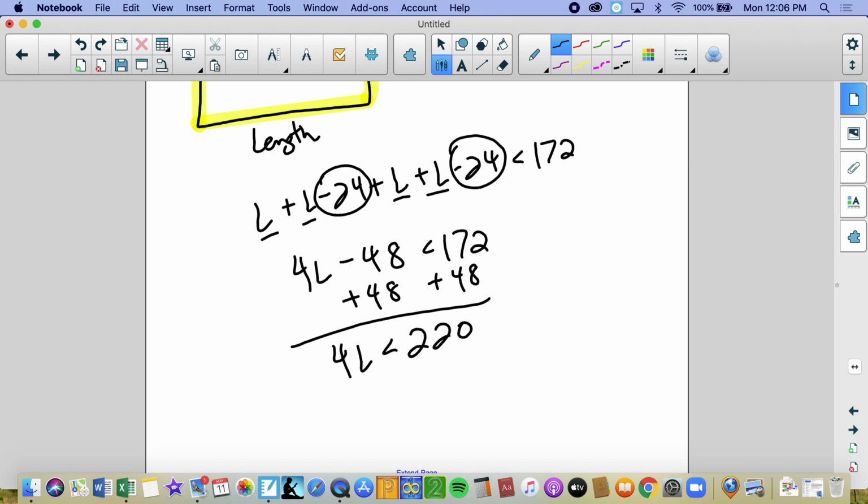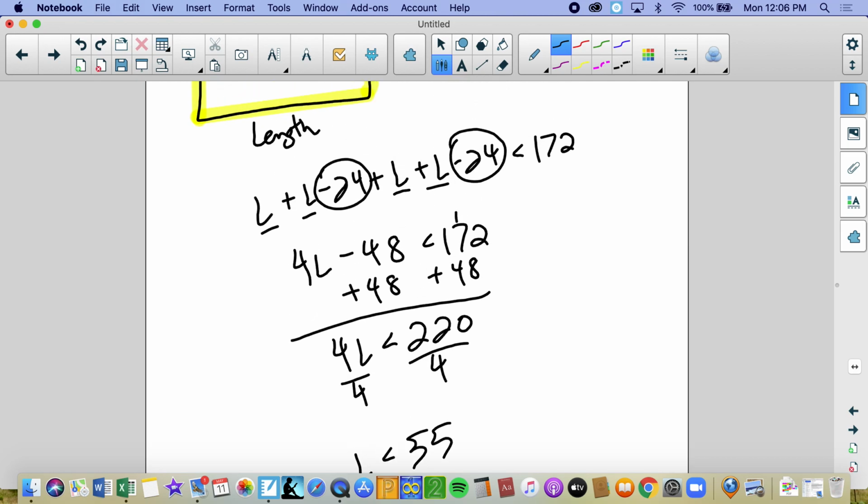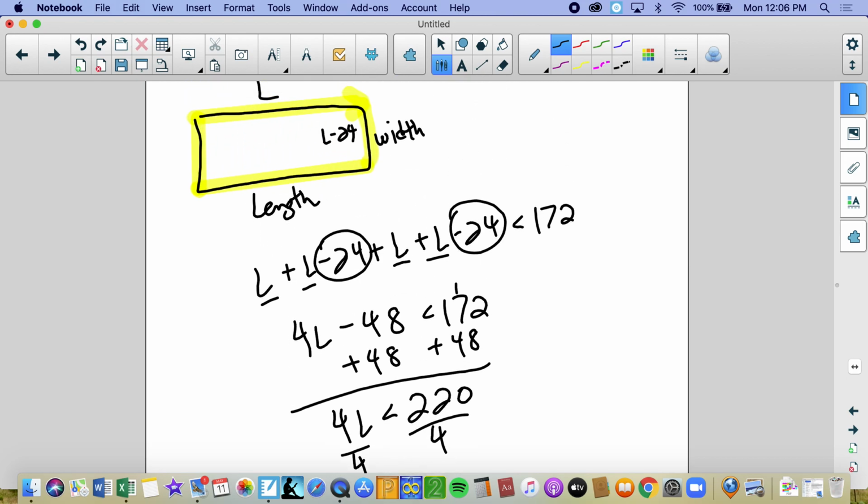And now let's divide by 4. L is less than 220 divided by 4, which gives me 55.